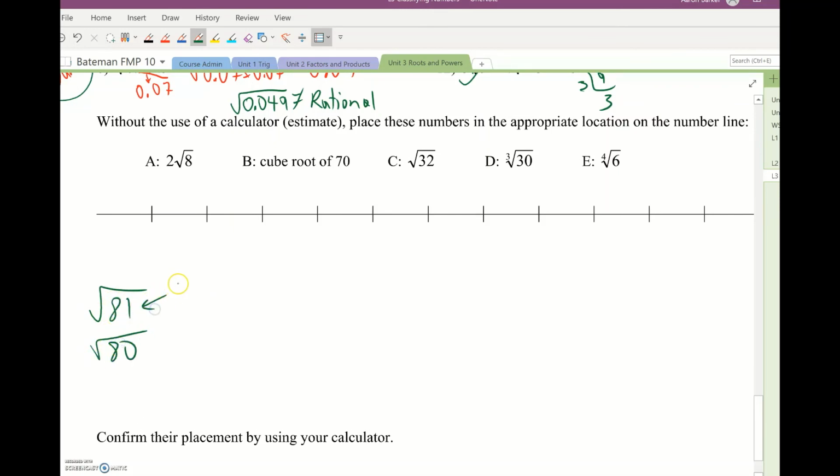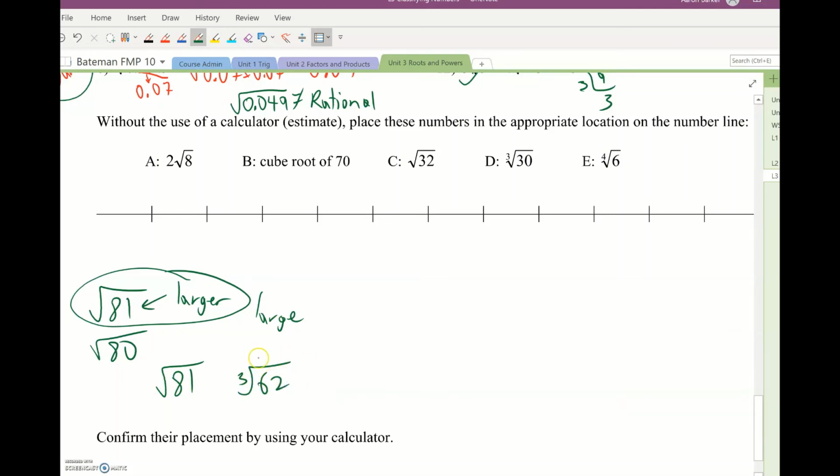This will be larger, so then the whole thing will be larger. So you're going to look at the radicand to compare them, but you can't compare root 81 to cube root 62. You don't know what they are. You'd have to find the roots.